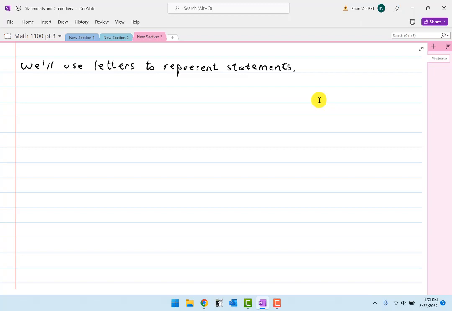So I might do something like this. P might equal the following statement: she has green eyes. Or maybe Q: he is 60 years old.